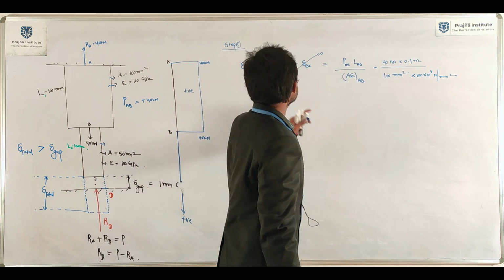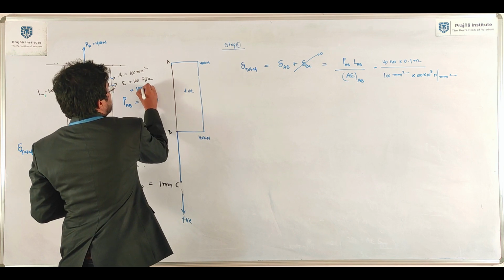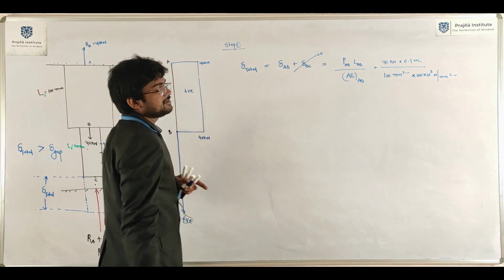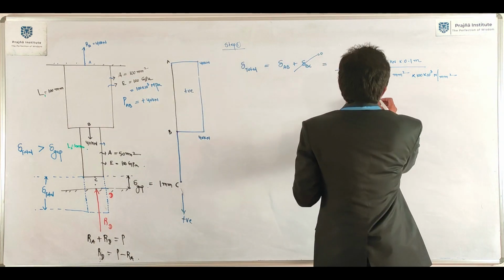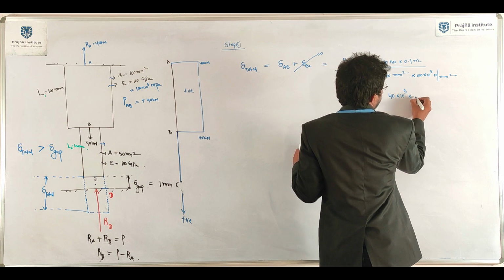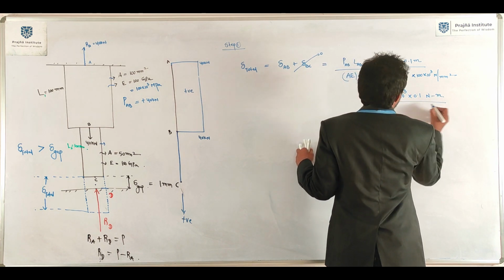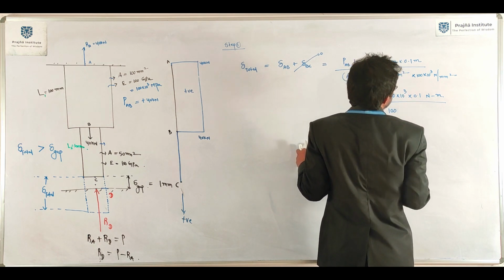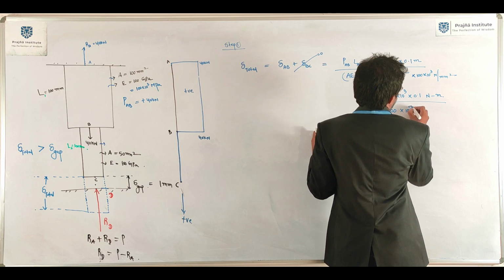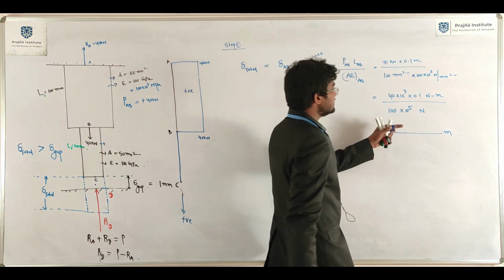In terms of gigapascal, 100 gigapascal is 100 into 10 cube megapascal, and megapascal means Newton per mm square. Finally, 40 into 10 cube into 0.1 Newton meter by 100 mm square, here it is 10 to the power of 5 Newton. Finally we will get it in terms of meter.